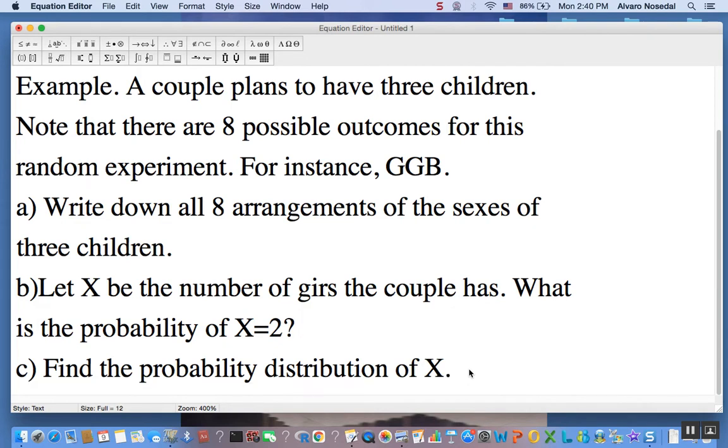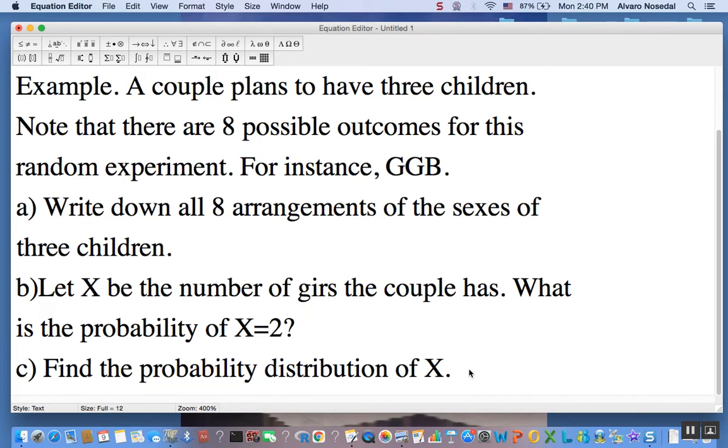So at the beginning I said that we were going to use this example to talk about a couple of concepts, right? And maybe you recall that I mentioned a discrete random variable. But before we talk about a discrete random variable, let's try and recall what a random variable is.